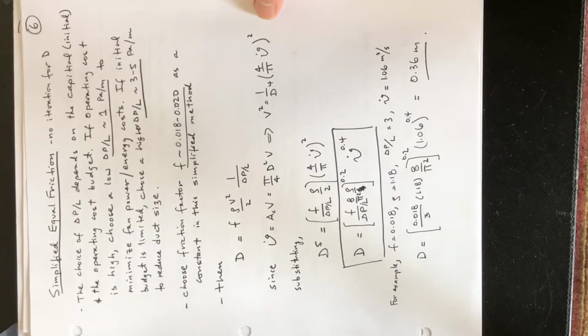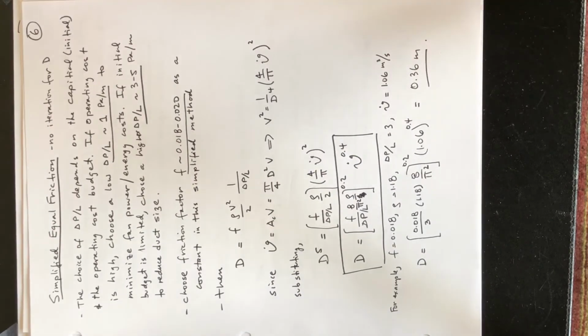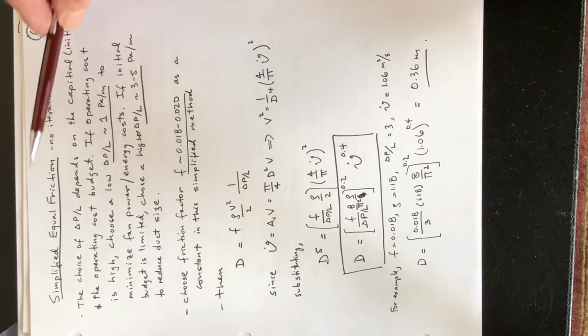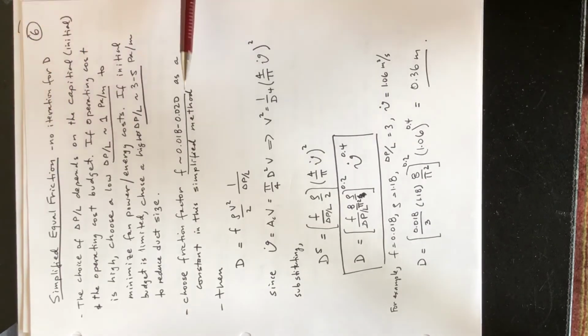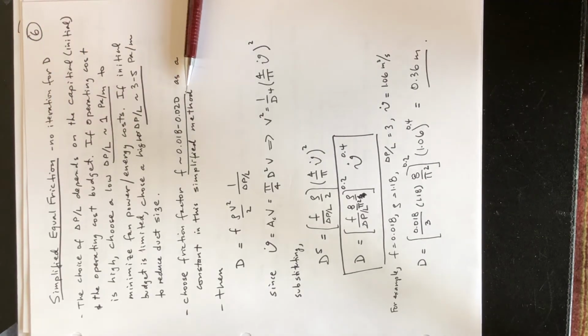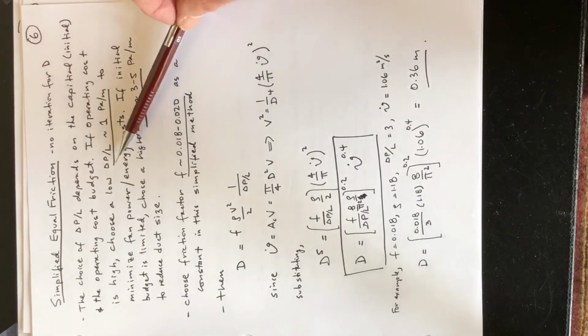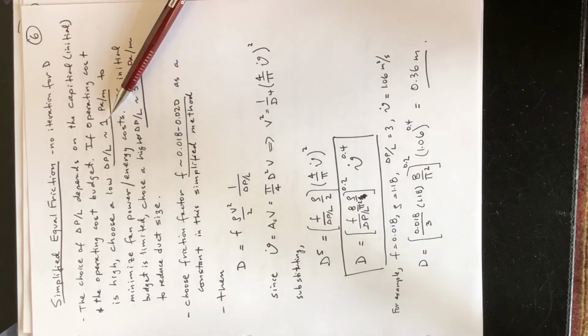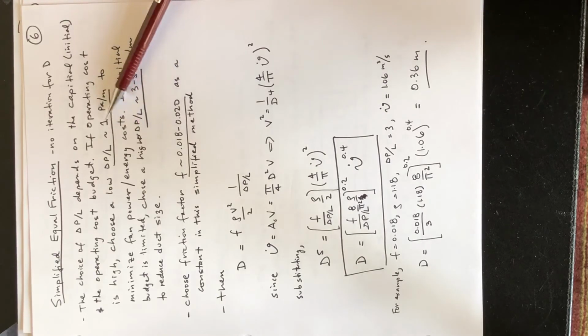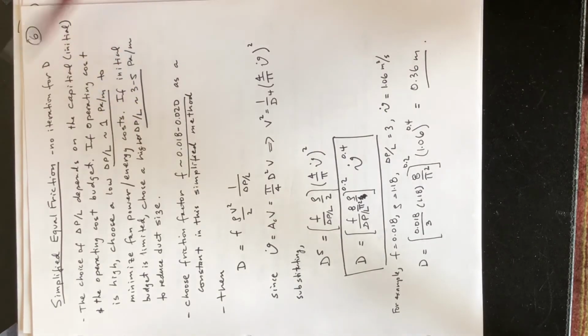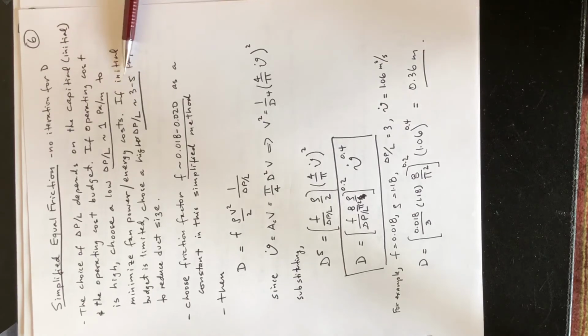And finally, this is what you can do for homework. I simplify things by choosing a constant friction factor. So you choose a value of the pressure drop per unit length, basically somewhere between 1 and 4, 1 and 5. For the homework, I specified what it should be.